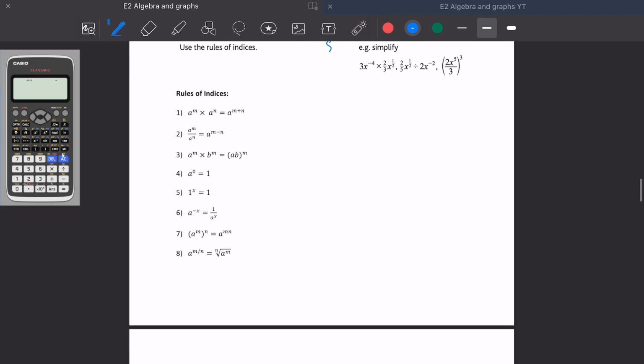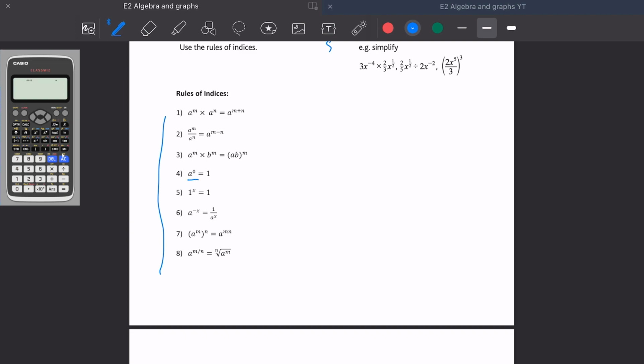And the next syllabus statement is use the rules of indices. Now the rules of indices are written here. A to the power m into a to the power n is a to the m plus n. A to the power m divided by a to the n is a to the power m minus n. A to the m into b to the m is ab to the power m.